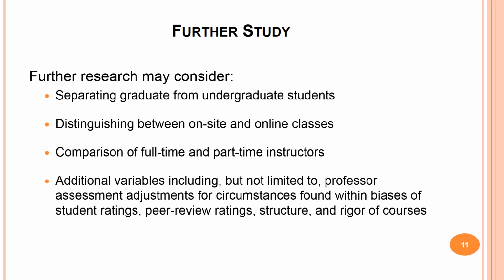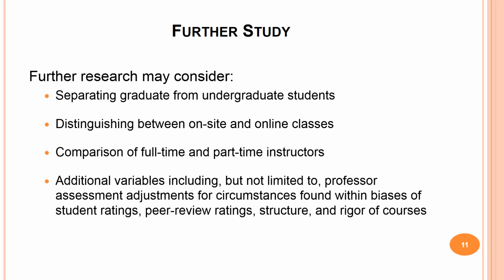In addressing further study, there are a few important comments beyond those in prior studies. One is the ranking of the student. Is it a first year, fourth year in undergrad? The same with graduate, beginning their graduate program or ending their graduate program, because they have more experience with the professors than they did when they walked into the program.